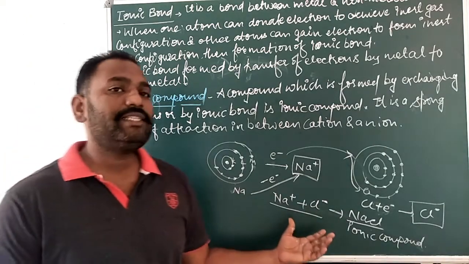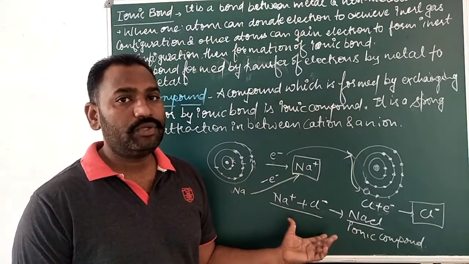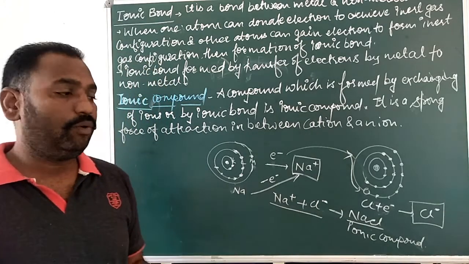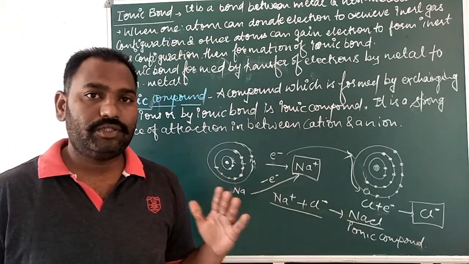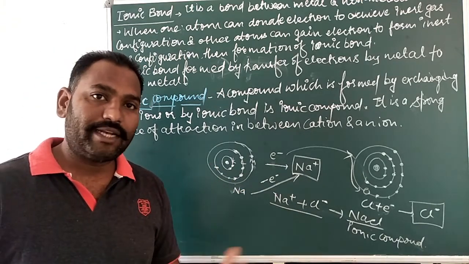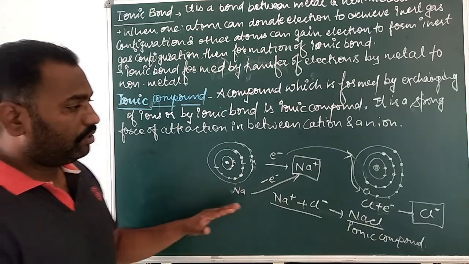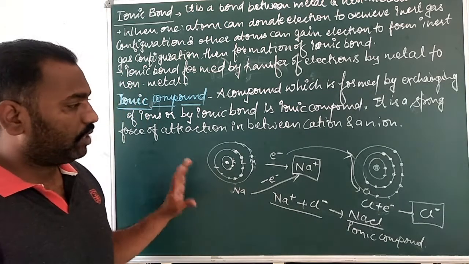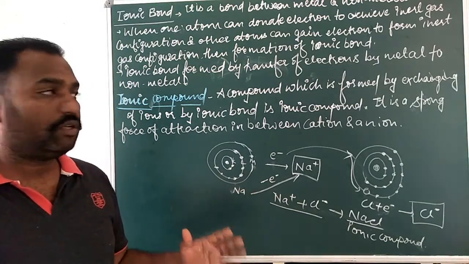It means here it is either gaining or losing of electrons, but in a covalent compound only electron sharing takes place between the atoms. So this is one general idea to explain how the electronic configurations work.